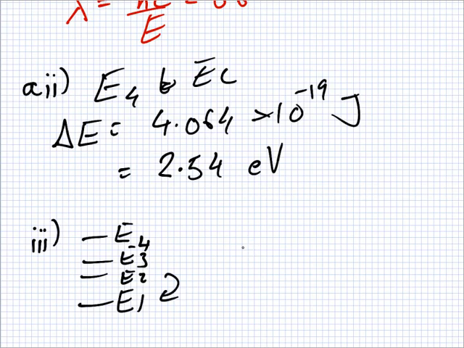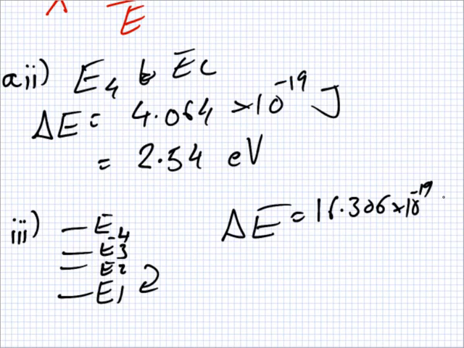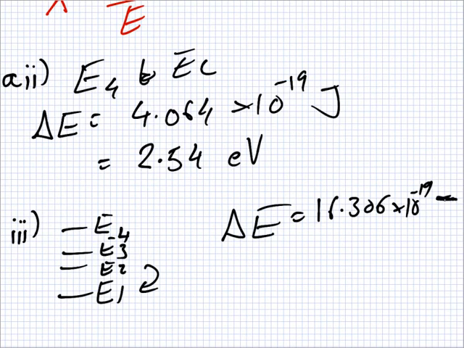So what's the difference from E2 to E1? That would be 5.424 minus 21.73, so that would be 16.306.